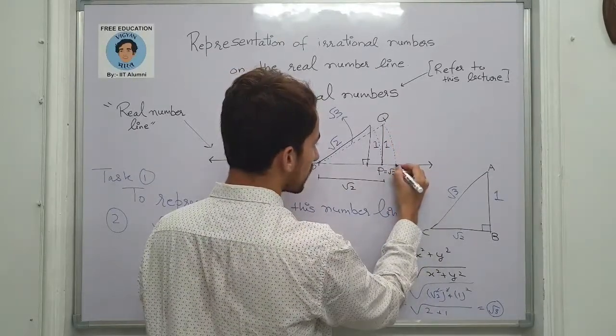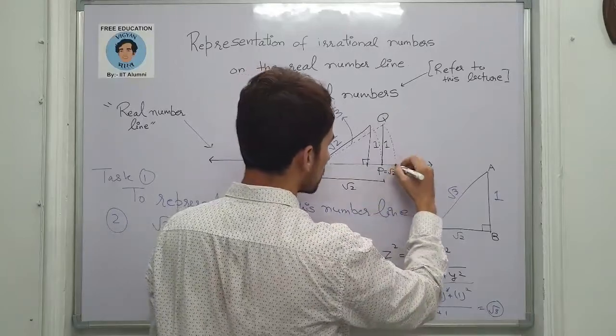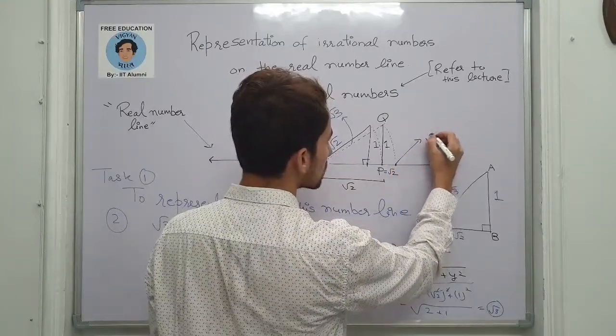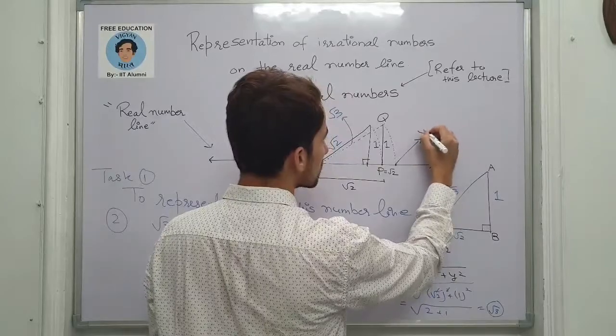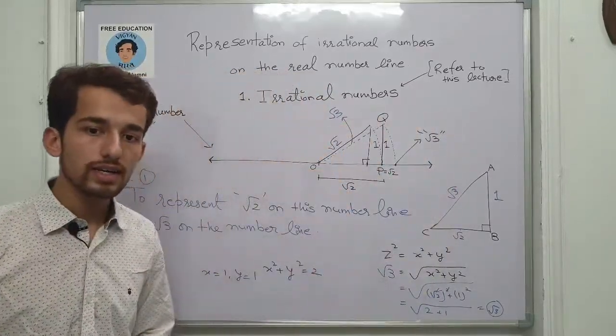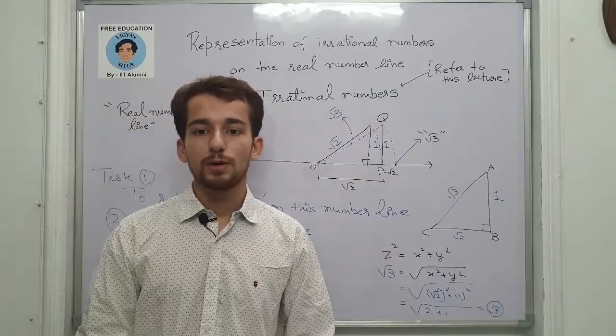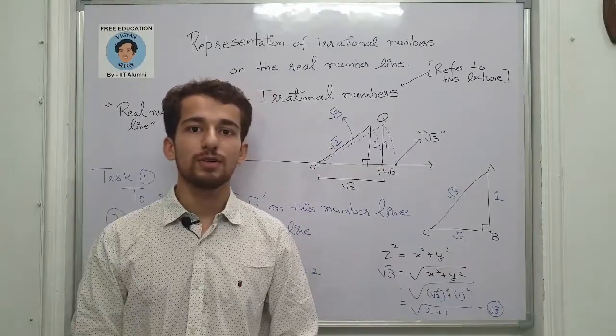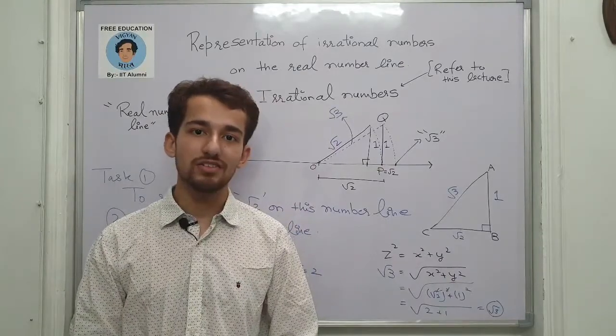I give you a task now to plot the square root of 5 on the number line yourself.